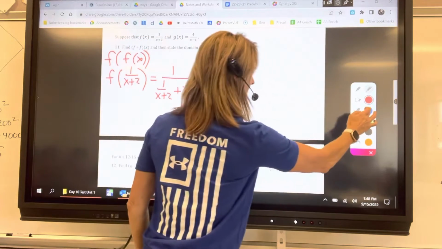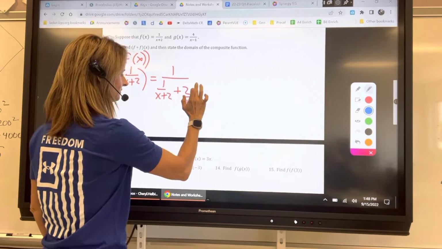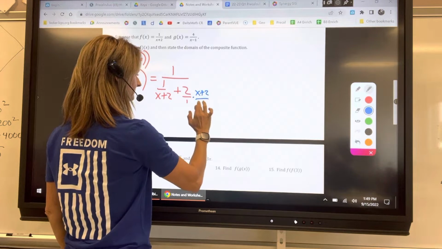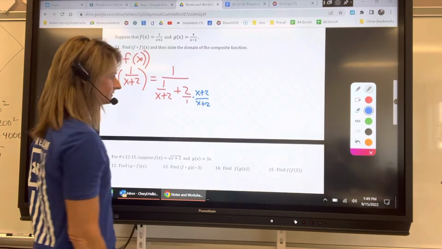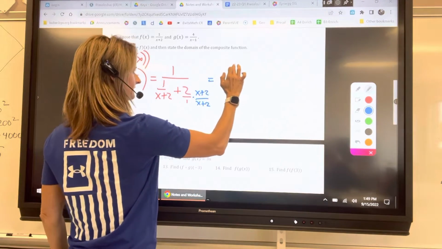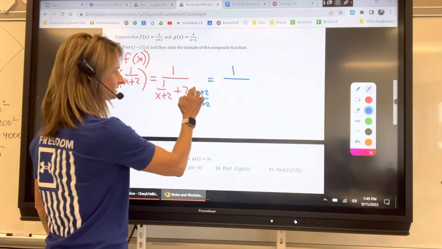So in a different color, I'm going to multiply this 2 by my special one, which is going to be x plus 2 over x plus 2. There are different ways of doing this, but I'm just going to do this. So this is 1 over. Now these are in parentheses.